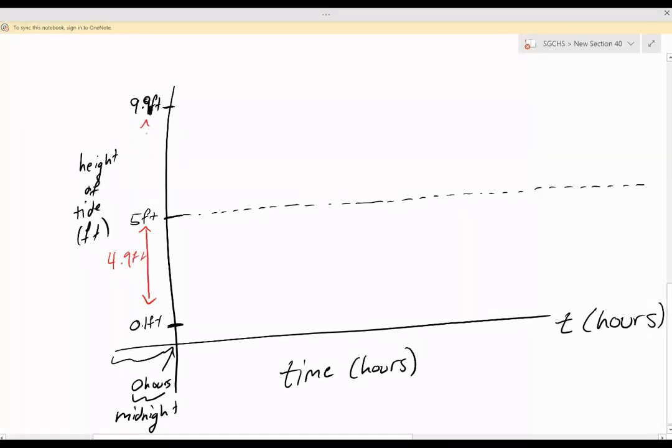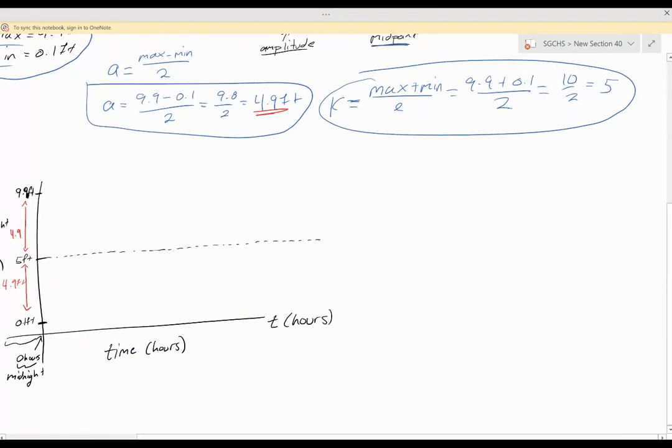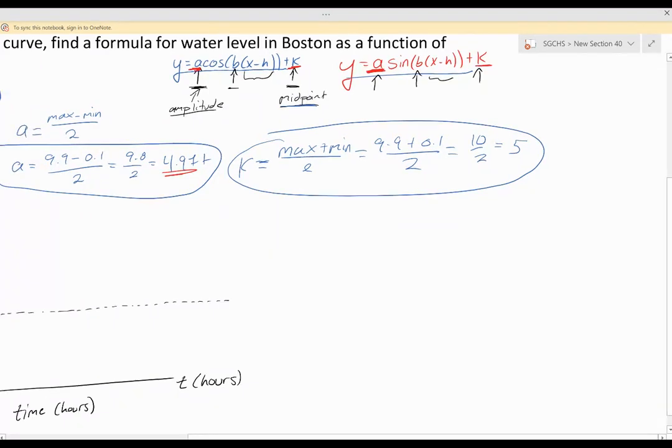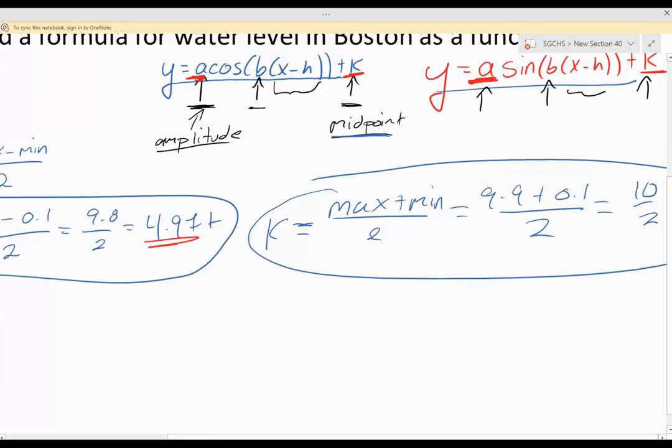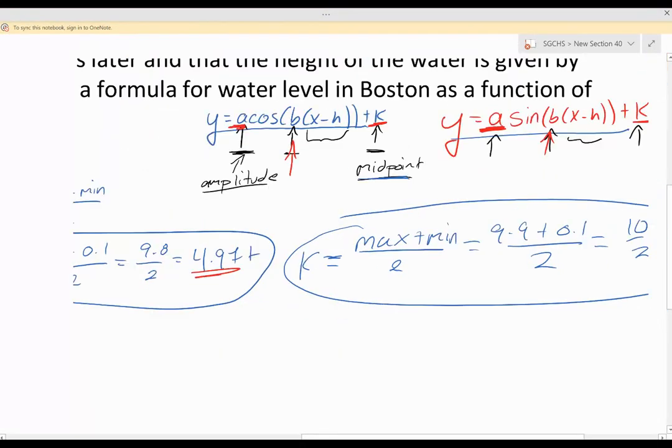The distance between 5 and 9.9 is also 4.9. So there's our amplitude. So we already have a few values that we can plug into our equations. We have A and we have K, and remember these are the same regardless if you're dealing with cos or sine. Now the other one that they have in common is B, which is tied to the period of what is occurring.